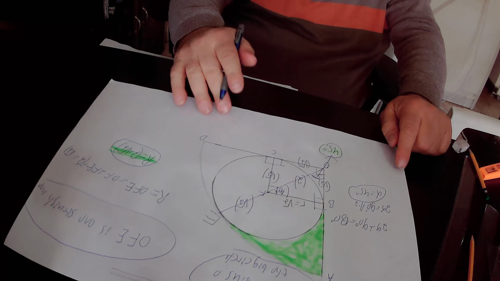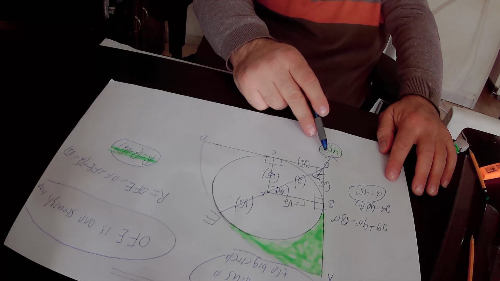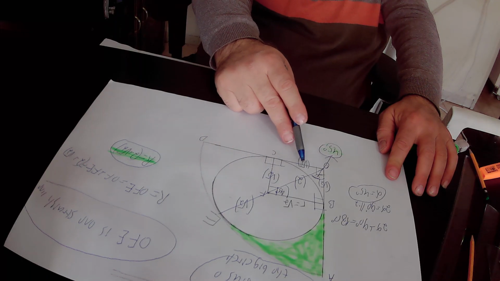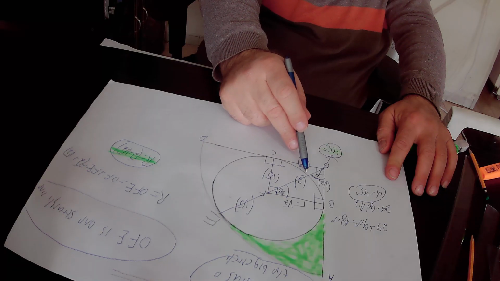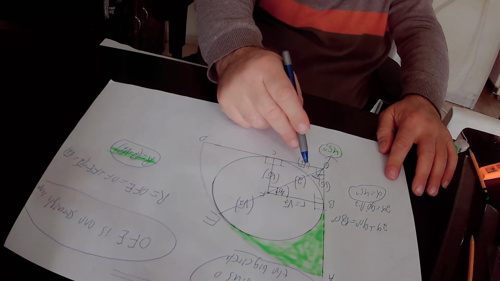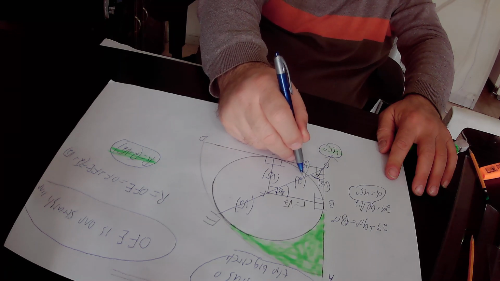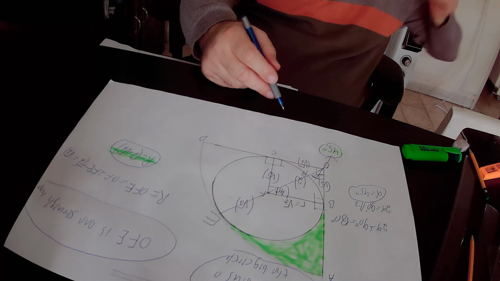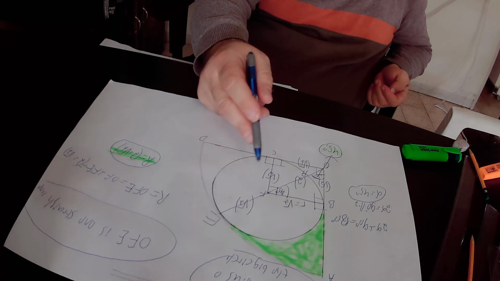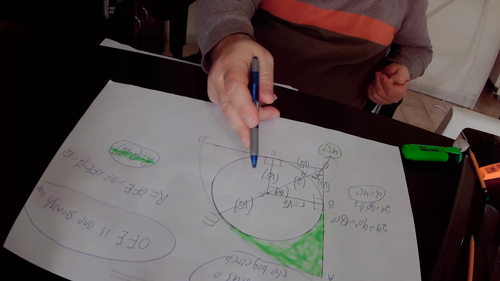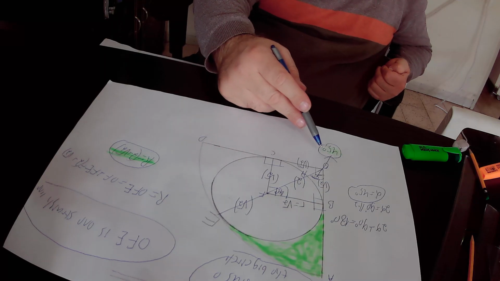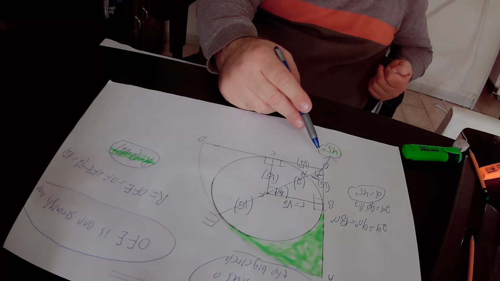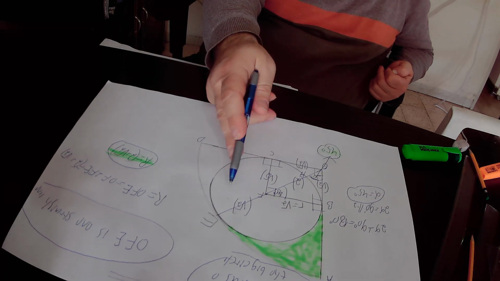We define the intersection point between the radius OFE and this small circle here as H. Line segment FE is part of line segment OFE, and because OFE is one straight line, FE is also one straight line.